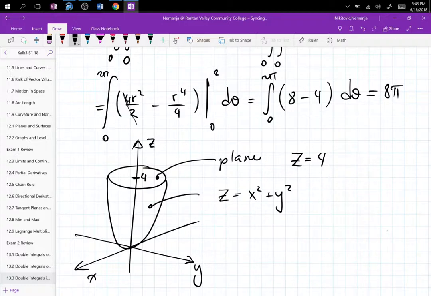So now you have to do over here that function f is just r squared. And over here, you have to transform this. What should we do? Well, no, it's just 4.